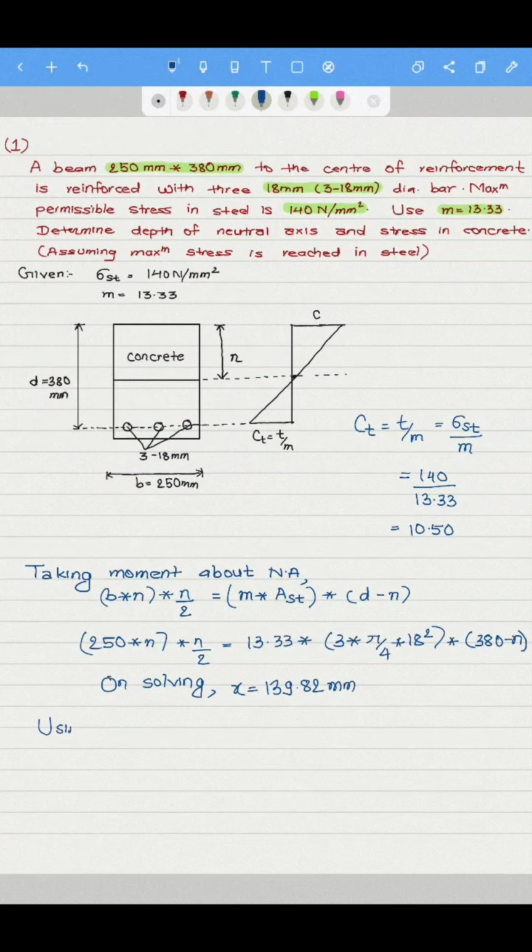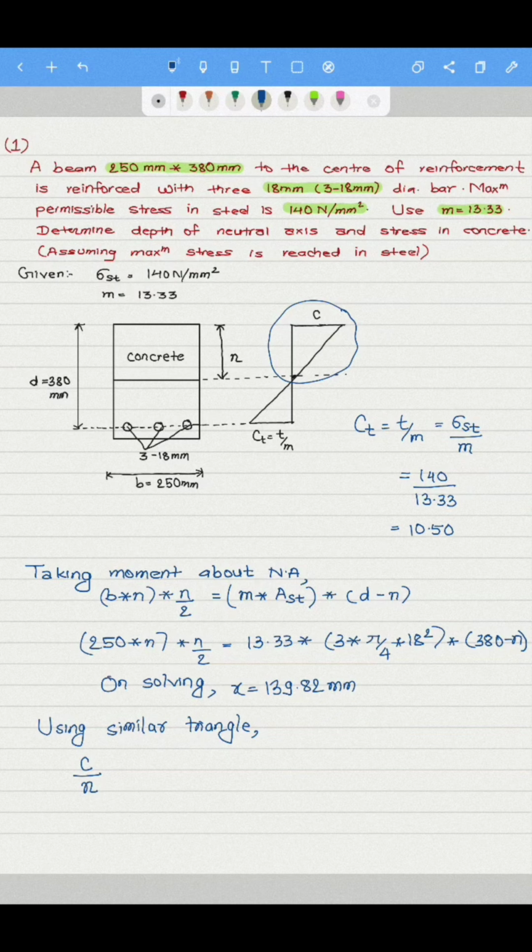Now using similar triangles, C by N, we are first dealing with this triangle.